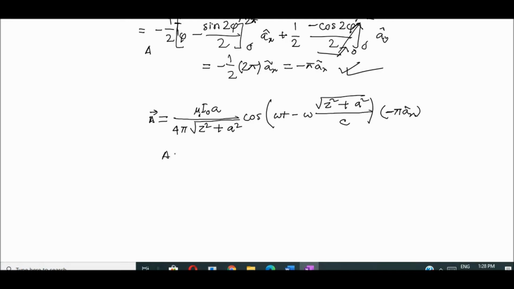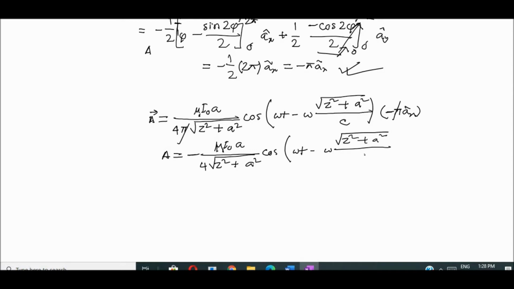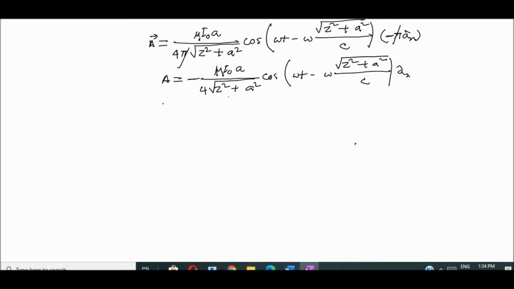Therefore, we'll get a equal to negative mu naught I naught a over 4. I cancel out this pi with this pi. So it will be over square root of z square plus a square, cosine omega t minus omega square root of z square plus a square over c, ax.